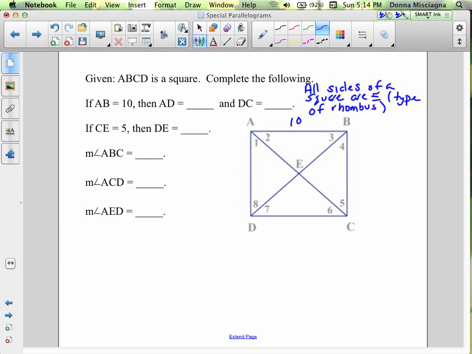So that means if AB equals 10, then AD has to equal 10, and DC equals 10, and of course BC would also have to equal 10.